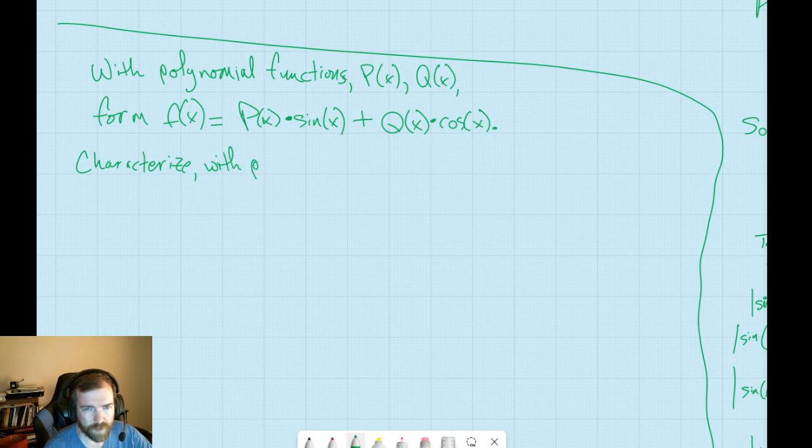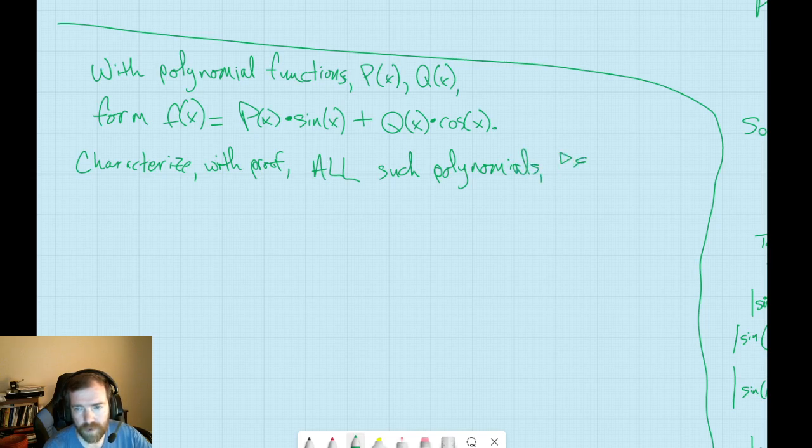Characterize with proof all such polynomials p and q.